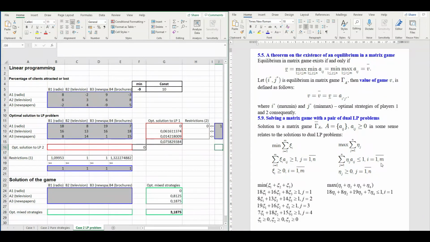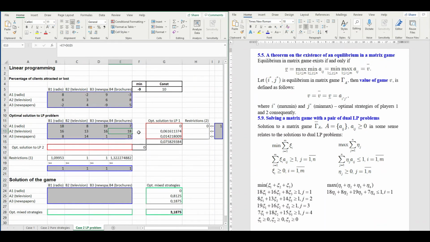Let's consider the second restriction. It corresponds to the second pure strategy of the first player, and for this reason we should consider the second row of our table. And therefore the left hand side of the second restriction will be 16 times eta1 plus 13 times eta2 plus 16 times eta3 plus 18 times eta4, and it should be less or equal to unit.